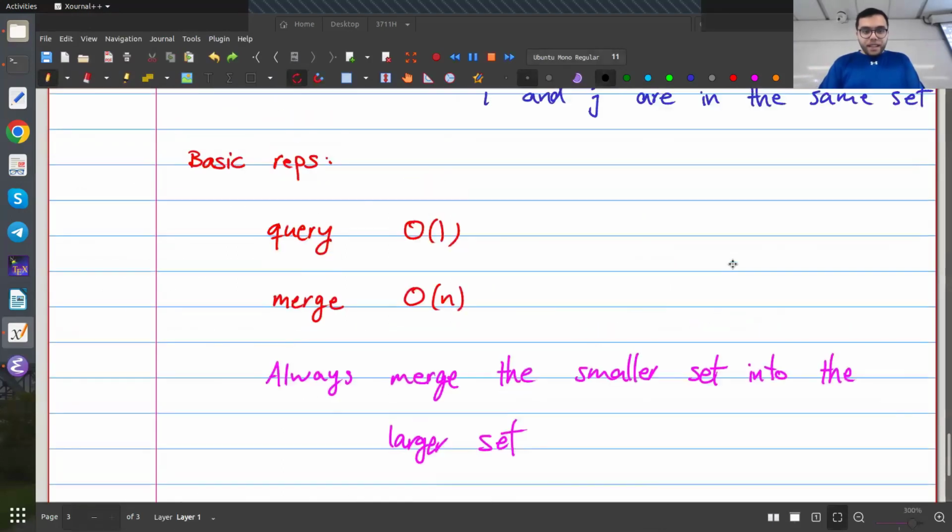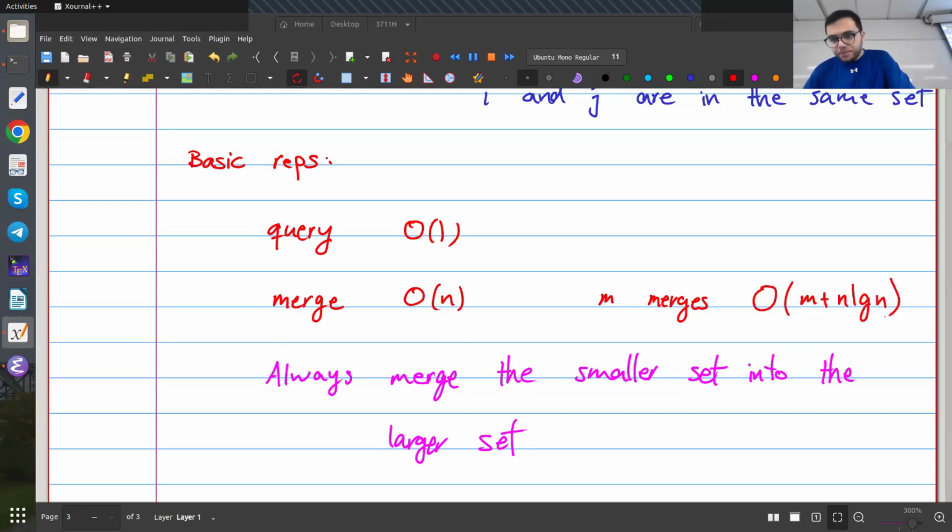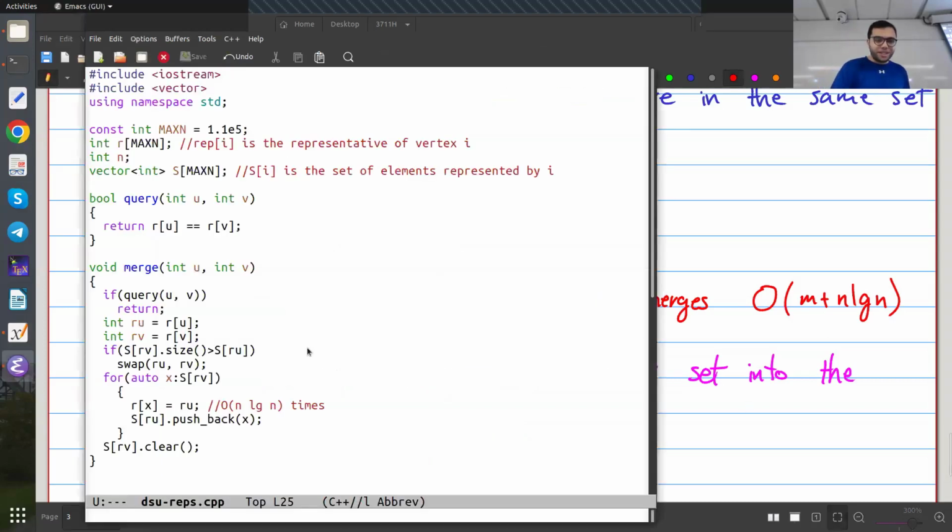Now, even though I have these things, if I do M merges, it doesn't take O(M), it actually takes O(M + N log N). The N log N part is for the merges that are actually changing the representatives, and the M part is for the merges that are just doing queries and don't do anything else.